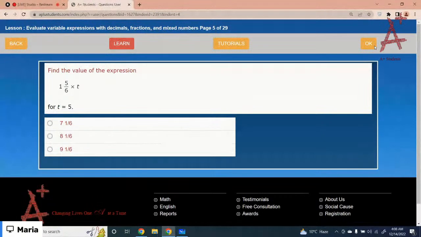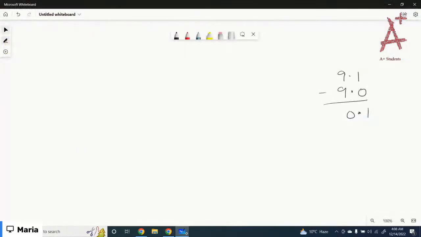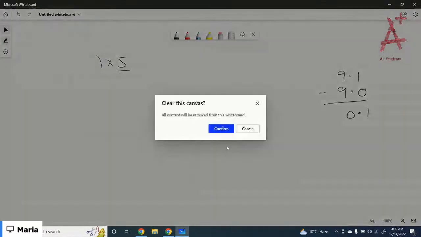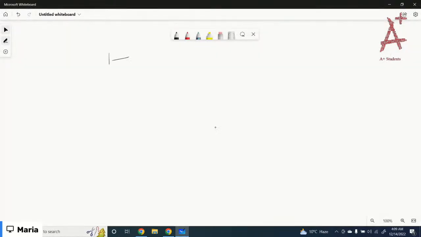Okay, to find the value of the expression, it is 1 whole 5 over 6 times t, and you have to evaluate for t equals 5.